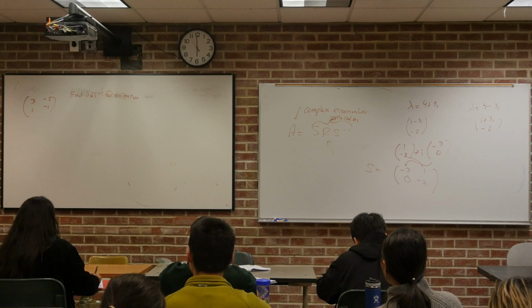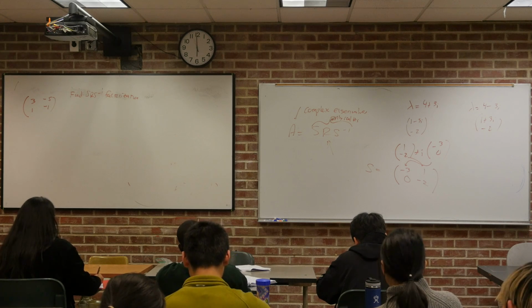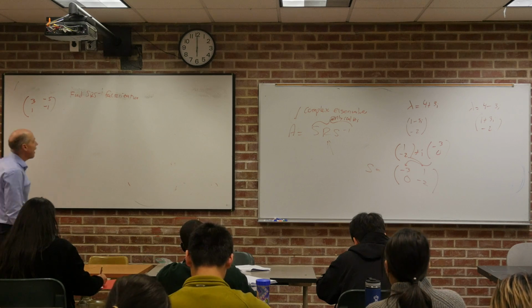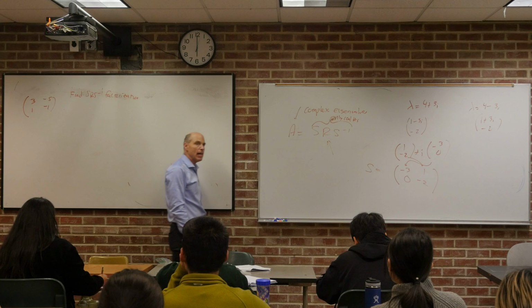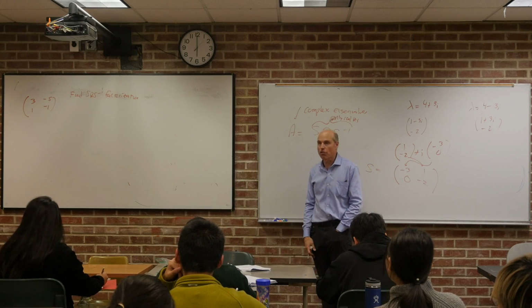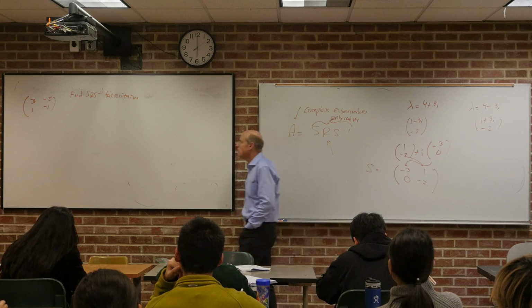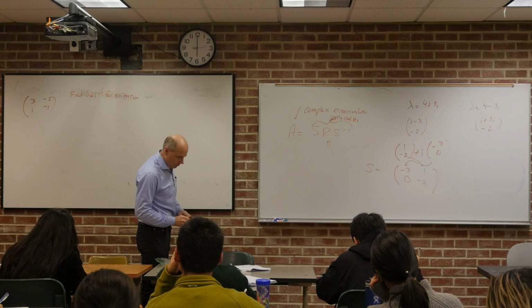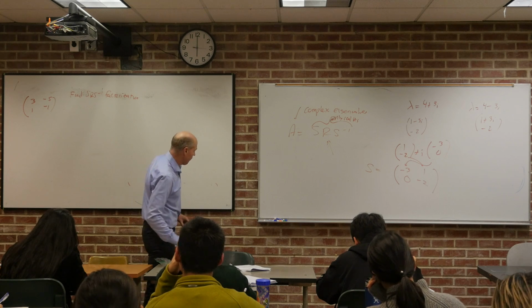-5, -1. We want to come up with the S R S inverse factorization. So when I say S D S inverse, the D is diagonal. When I say S R S inverse, the R is rotation scaling. There are a lot of steps here.